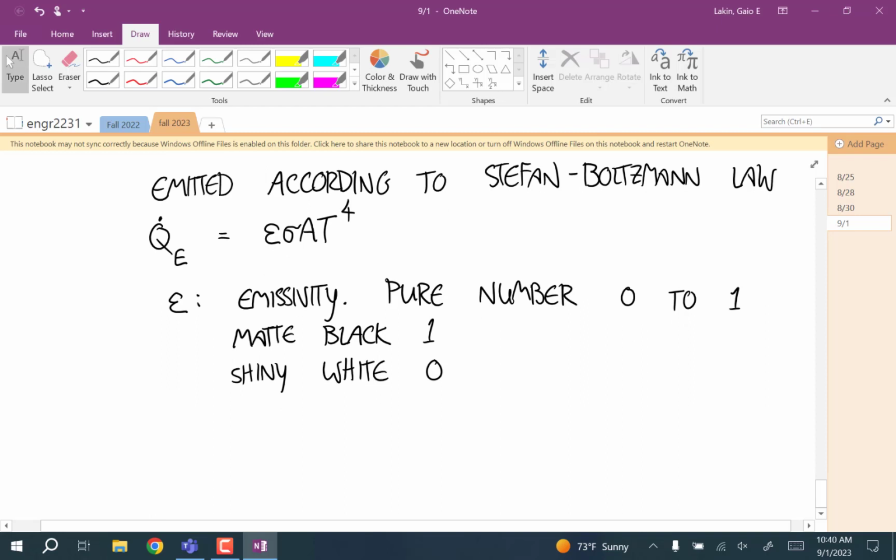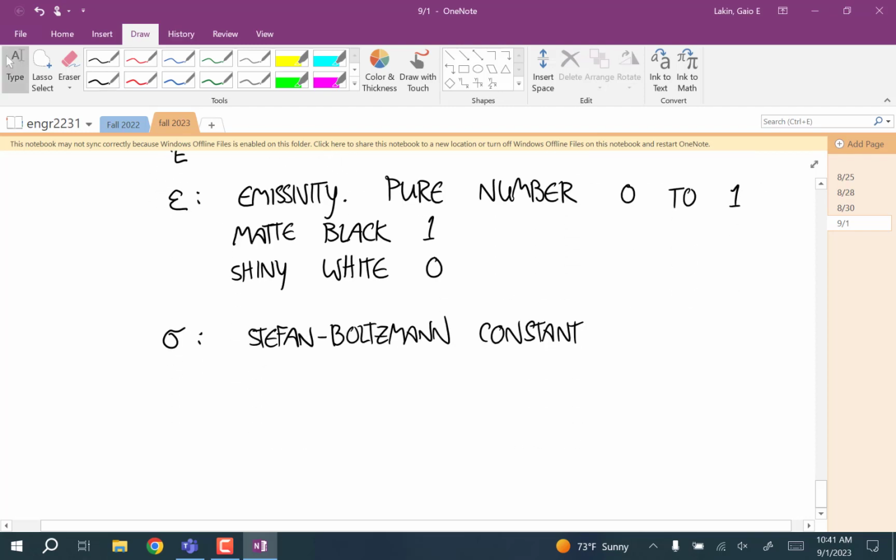The Stefan-Boltzmann constant is the Greek letter sigma, and that is 5.67 times 10 to the minus 8 watts per meter squared Kelvin to the fourth.